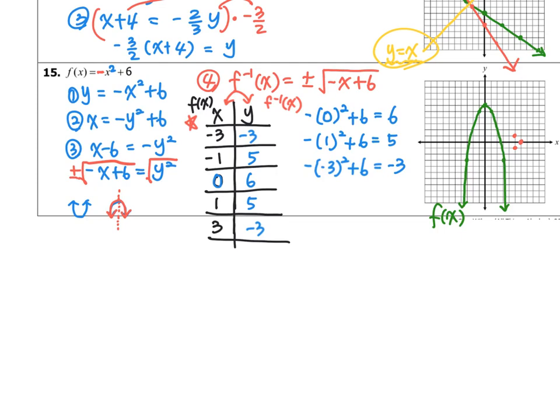When x is -3, y will also be -3 and also +3. Let's draw the graph. All right, so both graphs are on there. f of x and f inverse of x, and it looks like they are reflected across y equals x.